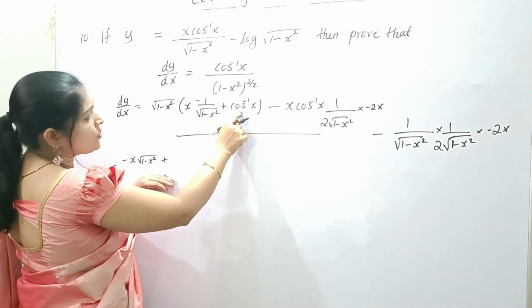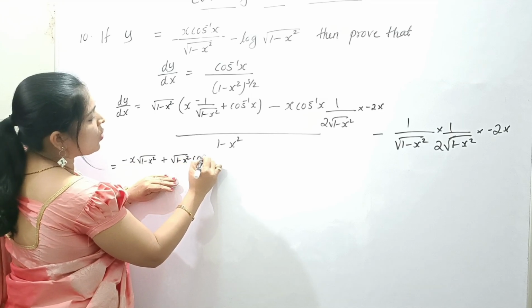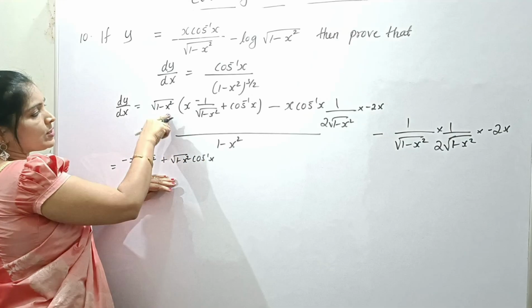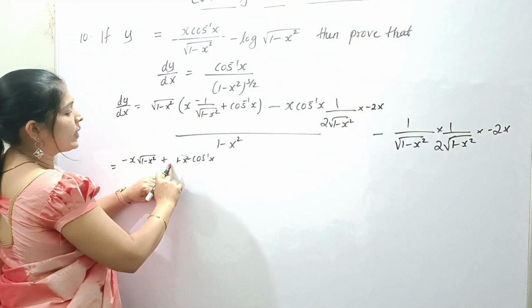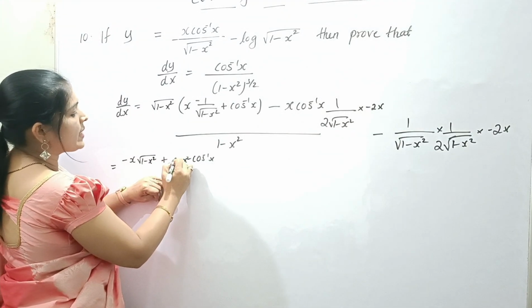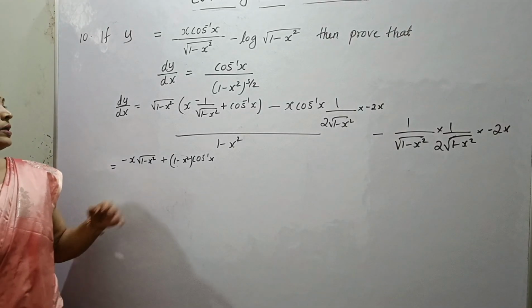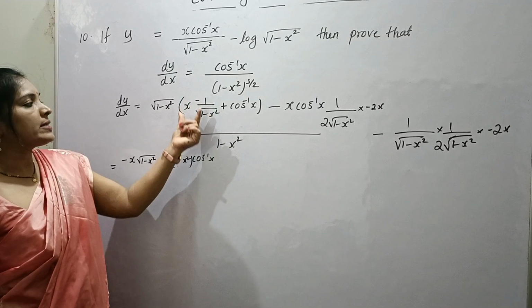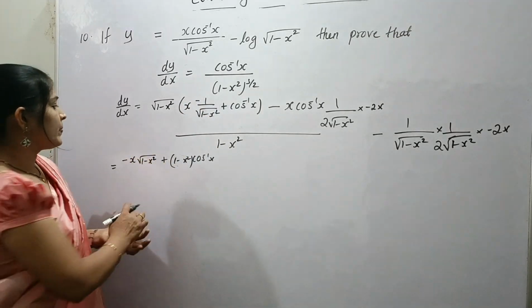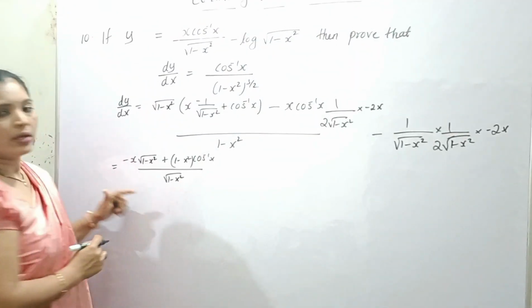So take LCM, so it will be cross multiply. So root of 1 minus x square into cos inverse x, and multiply this root 1 minus x square. So root of 1 minus x square whole square. So it will be 1 minus x square into cos inverse x. So here root 1 minus x square into this first term, so minus x by root 1 minus x square divided by root 1 minus x square.